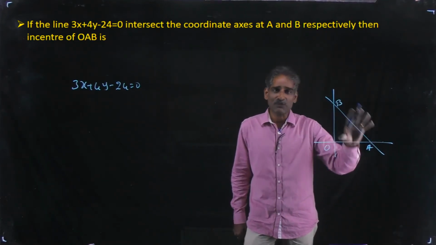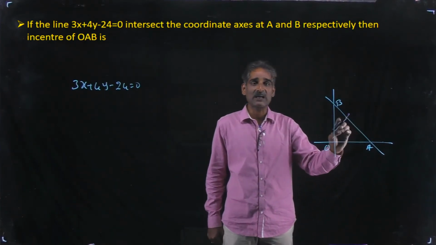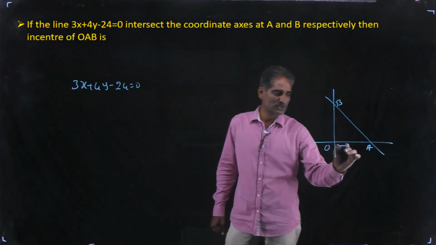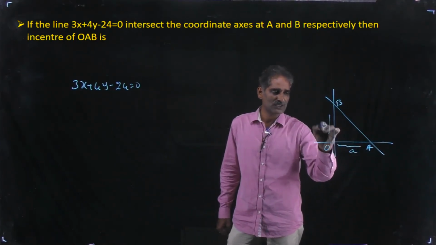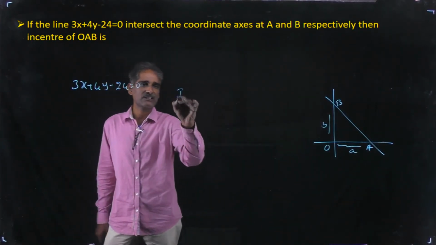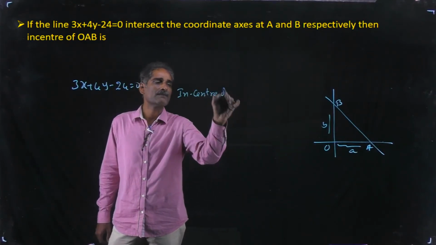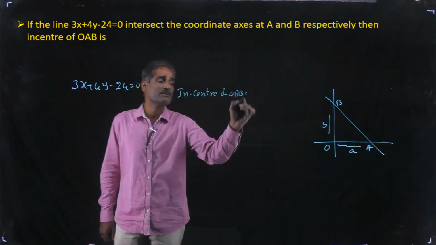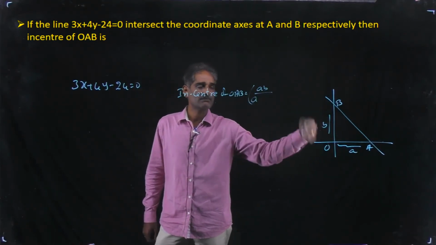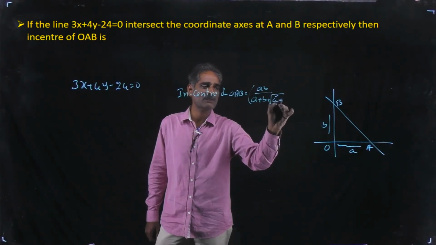Okay, we have a formula for the incenter. In this case, the incenter is (r, r), where r is the radius of the incircle. Otherwise, suppose this is A, this is B, and this is the hypotenuse. Then the incenter of OAB is (ab divided by the perimeter, ab divided by the perimeter), where the perimeter is a plus b plus square root of a square plus b square.